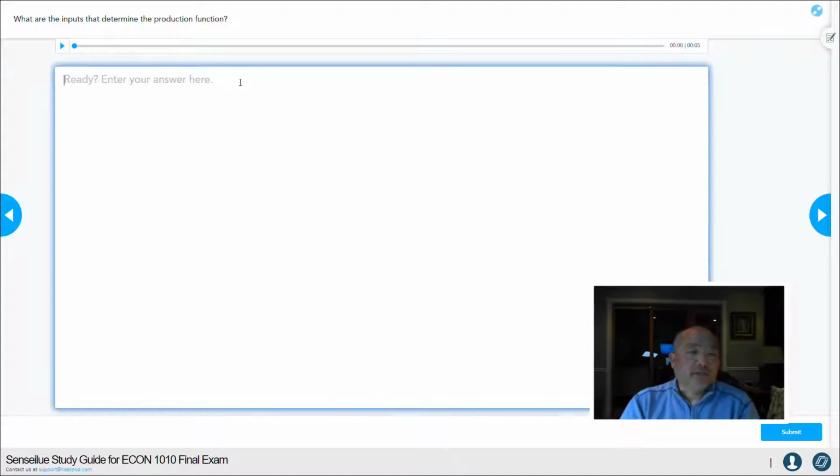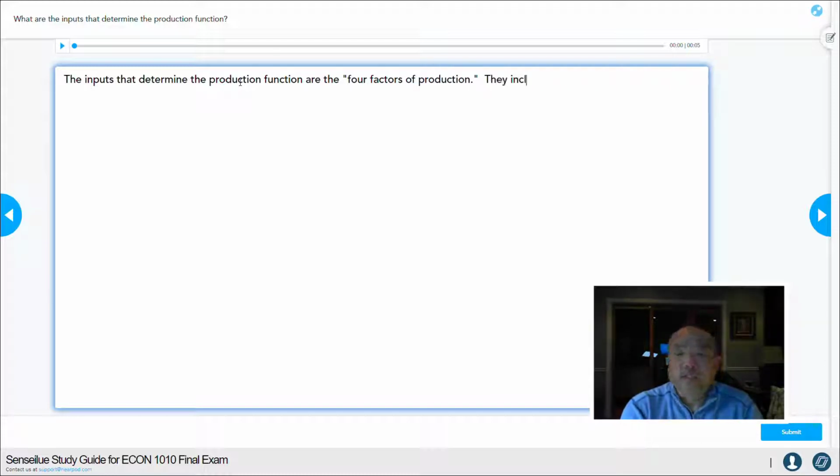Well, the simple answer is the inputs that determine the production function are the four factors of production. They include land, labor, capital, and entrepreneurship. Know-how.